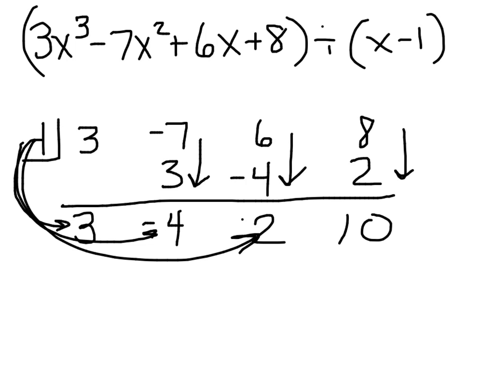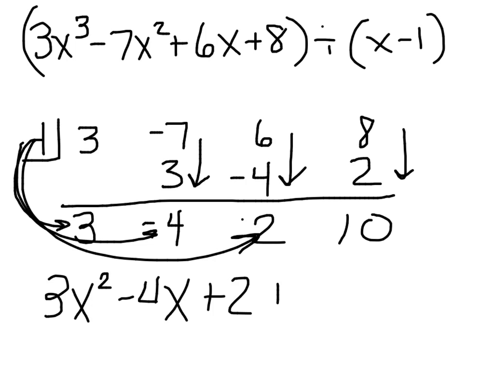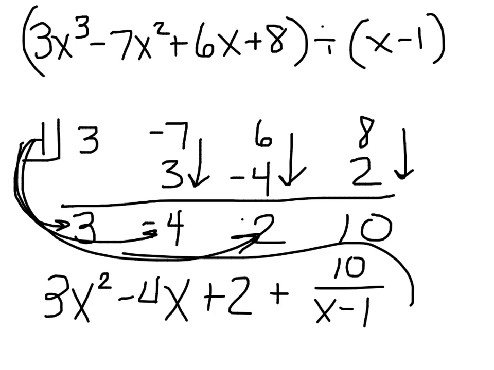Okay? What do you guys think? Now, what is the highest exponent we're going to start with? It had a 3, but now I've divided 1 away, so now it's going to be x squared. Right? 3x squared minus 4x plus 2. And what's the 10 again? 10 over x minus 1. Done.